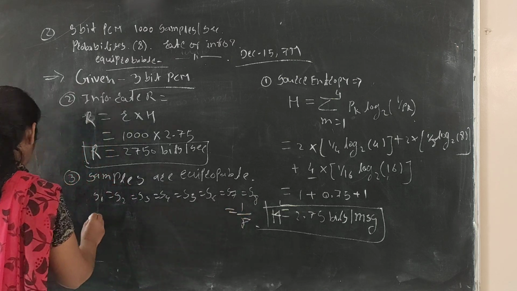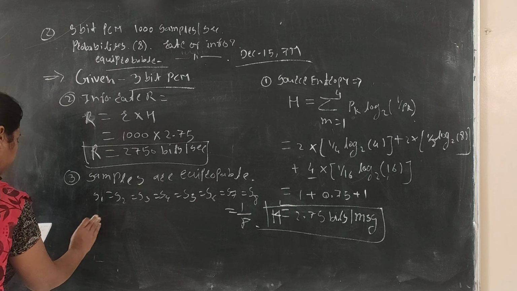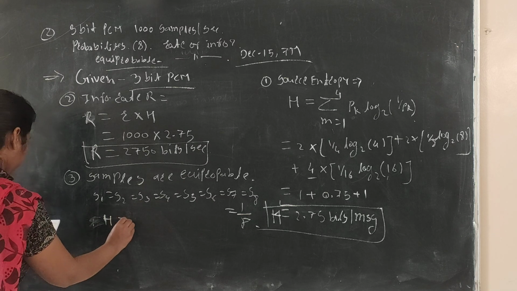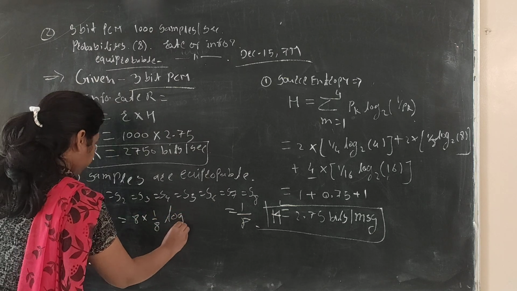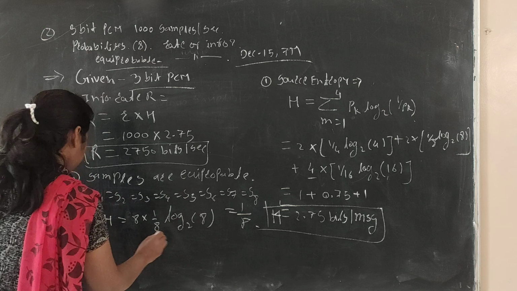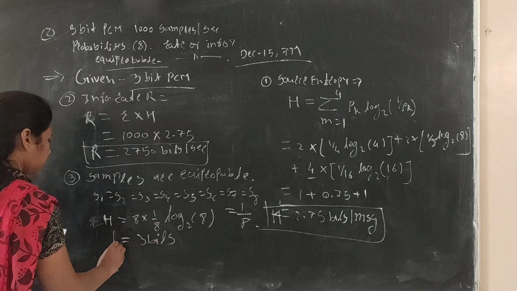That's why the entropy H is equal to 8 into 1 by 8 log to the base 2 of 8, which is equal to 3 bits.